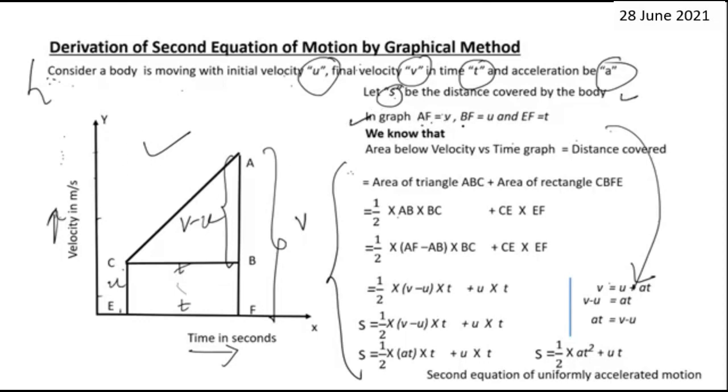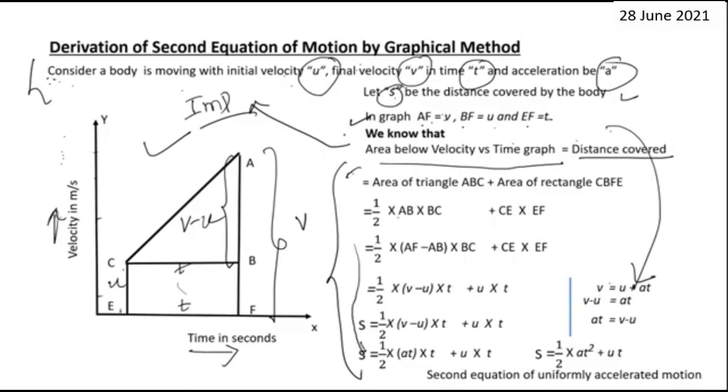AF stands for V, BF stands for U, EF stands for T, right? And then you have to start this very important step, that distance covered is given by the area below the velocity-time graph. And then automatically your work starts, and finally you reach this step.